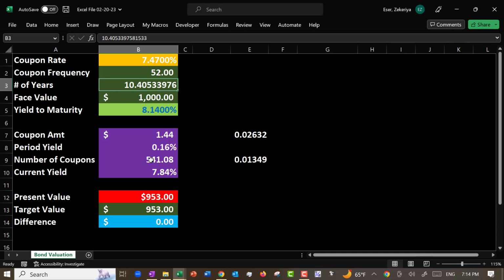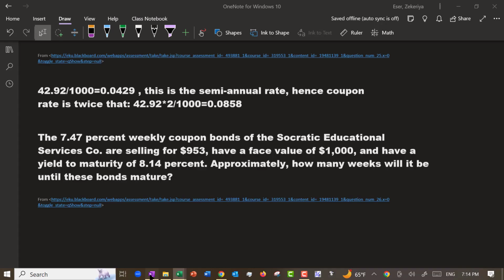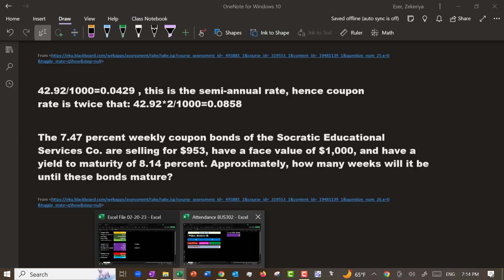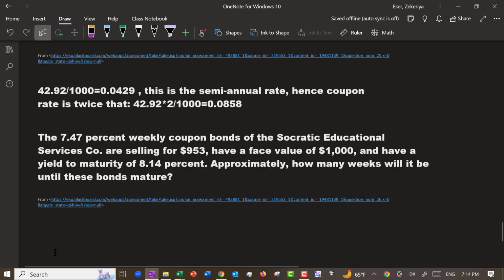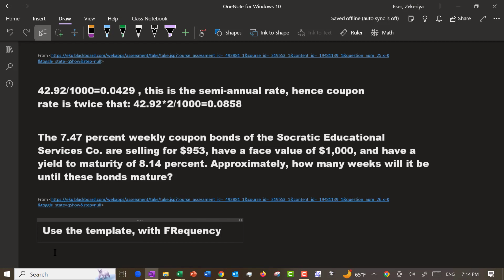Use the template with... yeah, that's it.